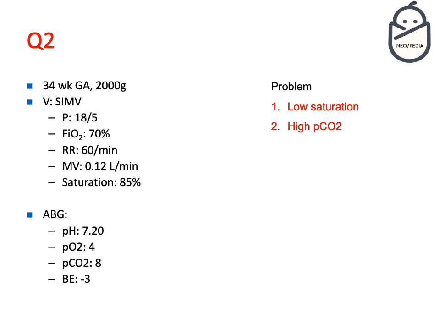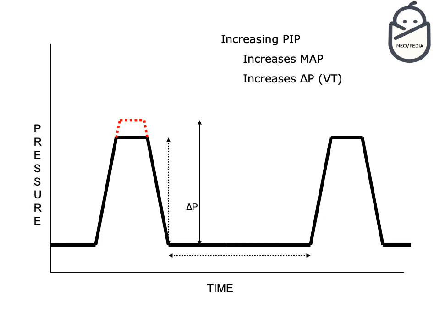Okay, so yes, that's right, you can increase your PIP. You can see in the curve again, we can review that. This is the pressure time curve. And this is basically what you have done.